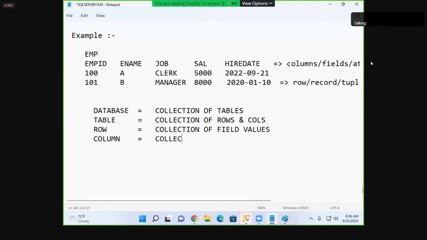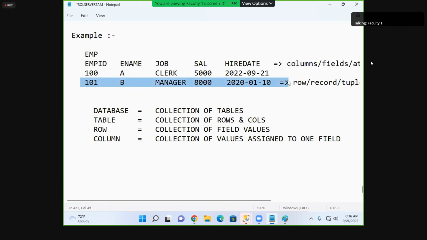That means a column contains a collection of values of one particular field. But a row is a collection of different field values, whereas a column is a collection of values assigned to one particular field.